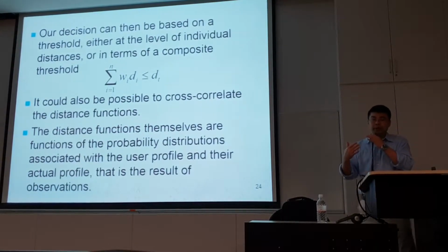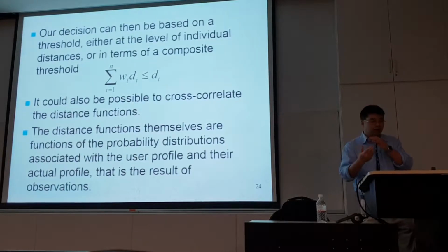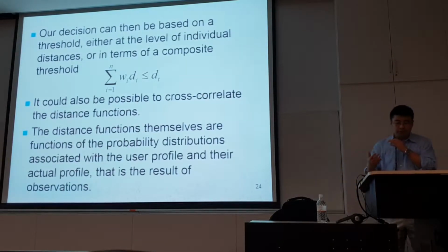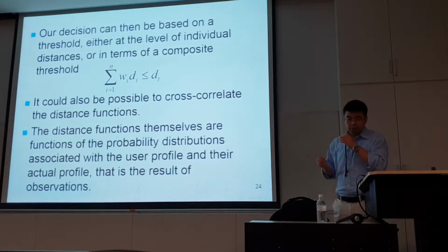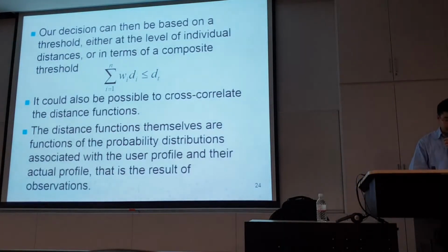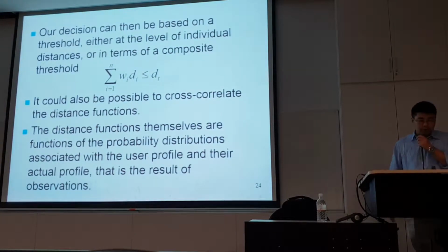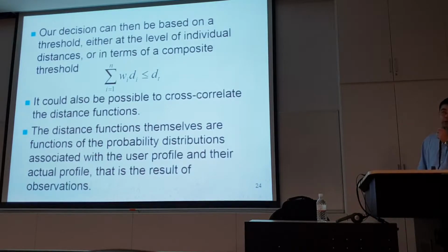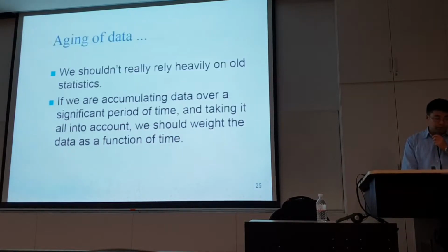Then you don't raise an alarm. You treat this as normal behavior. But if the weighted sum is greater than this threshold, then you will raise an alarm. Right? So this is how we use this statistical method to detect whether there is an intrusion or not.